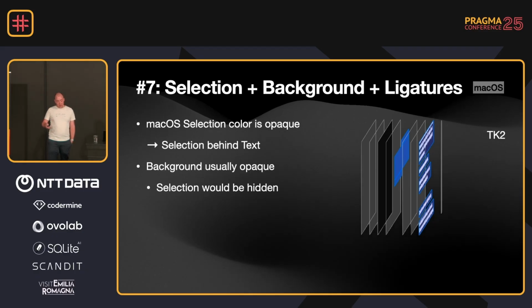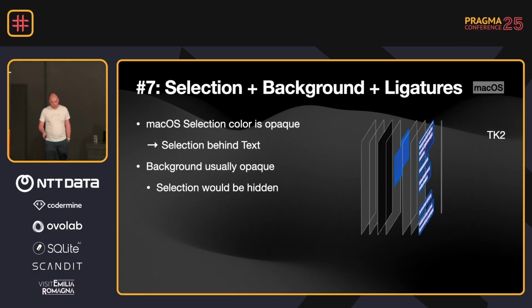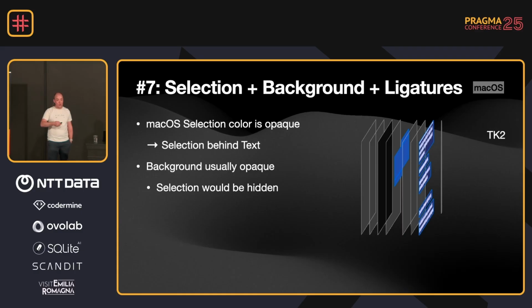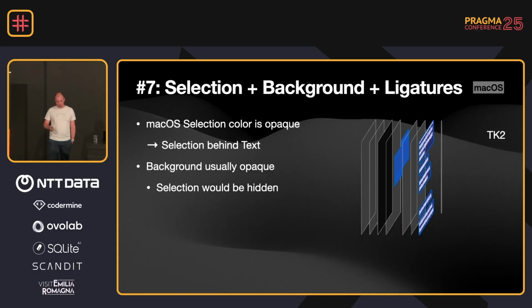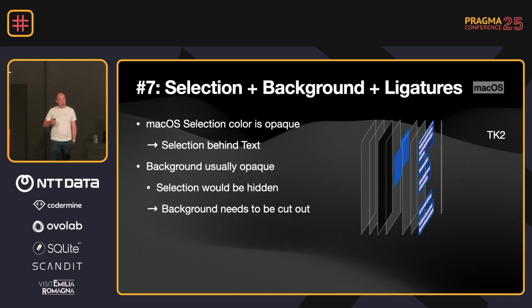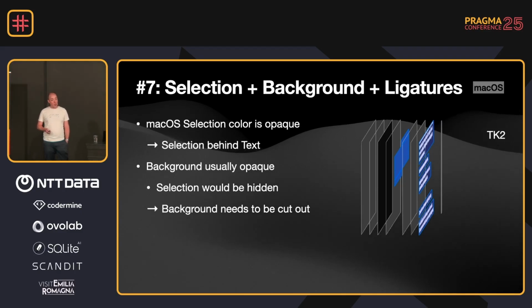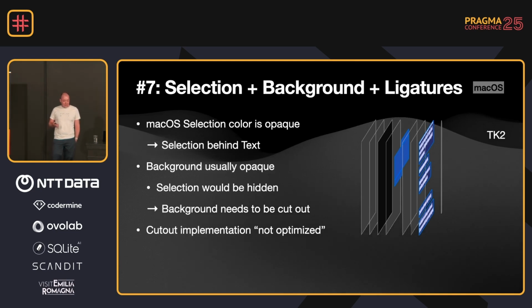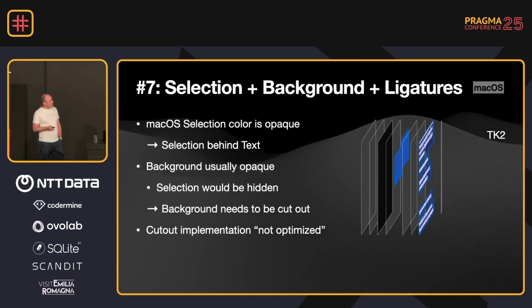And the backgrounds you set are usually also opaque, which means if you draw an opaque text background in TextKit 2, the selection would be hidden. So what we need to do is cut a hole in the background in the rendering, and then we can see through our rendered text to the selection. And I guess this cutout implementation is just not really optimized. We'll get to that in a moment.